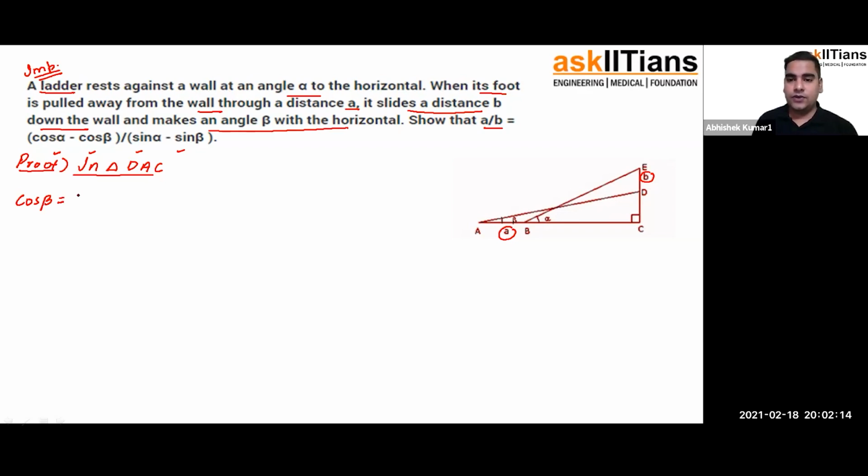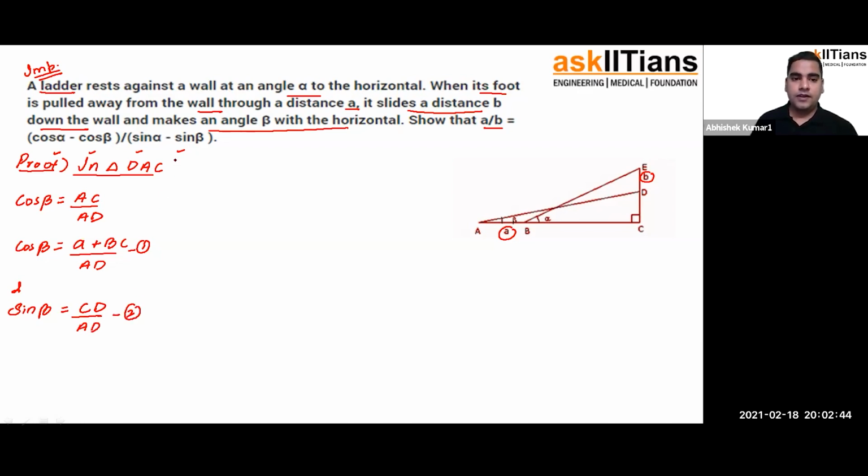So that is going to be AC upon AD, which is the length of ladder. So I will be getting cos beta is equal to AC, which will be equal to A plus BC upon AD. Right or not? That's what I'll get. Let me call it our first result. And if I calculate sine beta, it is perpendicular by hypotenuse. So I will be getting CD by AD. So that's my second value.